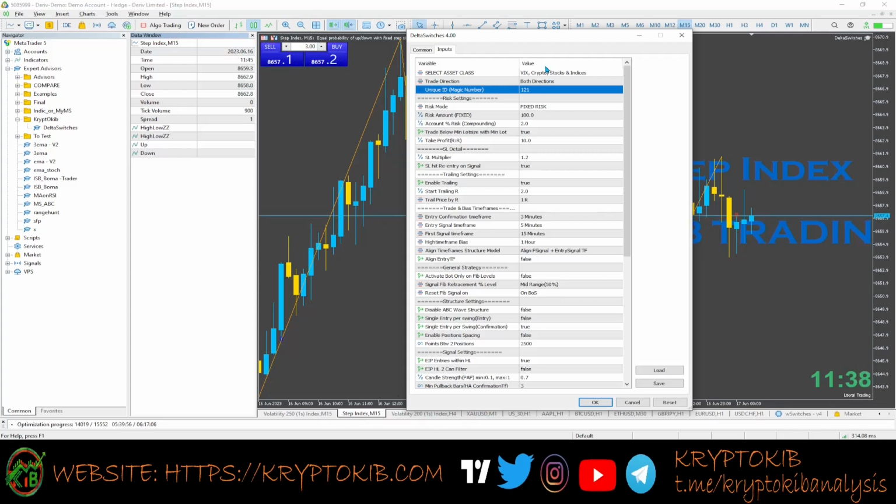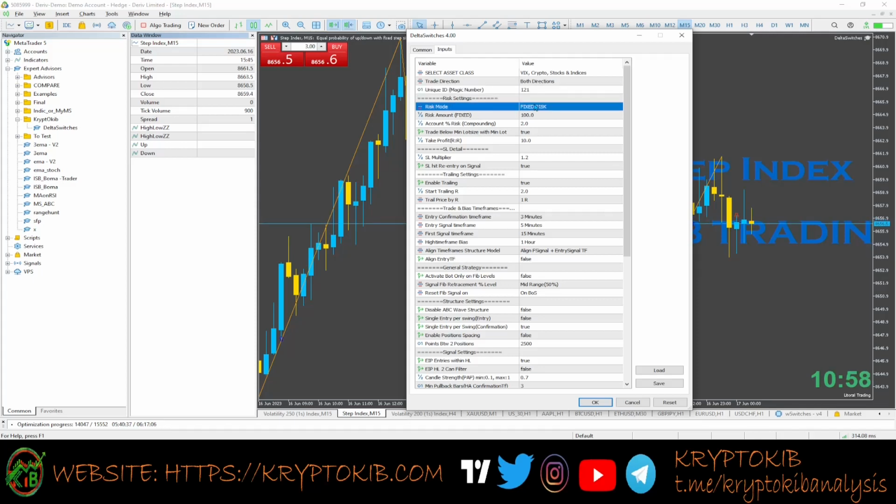You want to make sure that the magic number for the one on Step Index is different, maybe 111. And for the one on Volatility 20, you can use maybe 201. And the one for gold, you can use maybe 5551 or something like that. But they have to be different to avoid interference between them. That is just it. It doesn't do anything with the strategy. It's just to make sure there is no interference between EAs when they are placed on multiple charts.